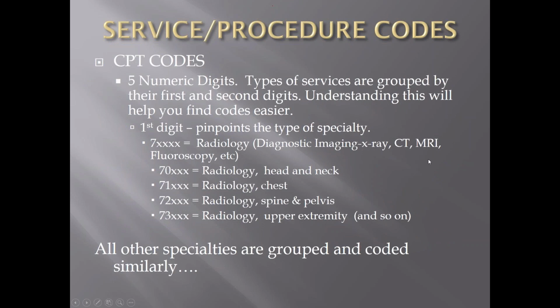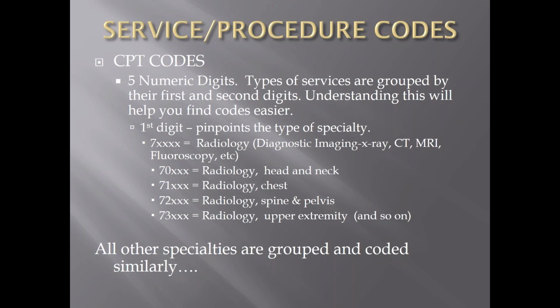The CPT codes, the Category 1 CPT codes, and there are 3 categories, but the ones that you'll be dealing with most are going to be the Category 1s. Those are 5 numeric digits. And the types of services are grouped by their first and second digits. Understanding this will help you find the codes easier. So the first digit will pinpoint the type of specialty. So every code that starts with a number 7 applies to radiology.